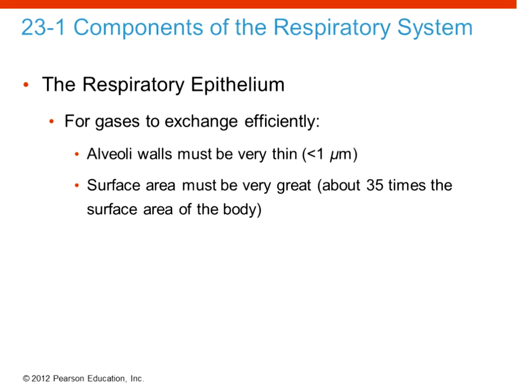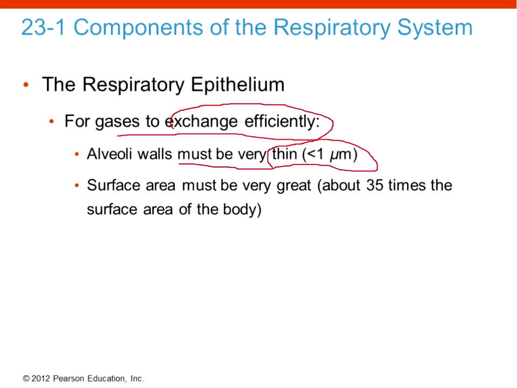So respiratory epithelium, as I said, for gases to exchange efficiently, must be very thin, right? Less than a micrometer. As I said, simple squamous epithelium is down there. As you know, it's very thin, so it needs to be very easy for this oxygen and CO2 and these gases to diffuse across this membrane. So it should make sense to you that you want a very thin epithelium lining the alveoli, right?